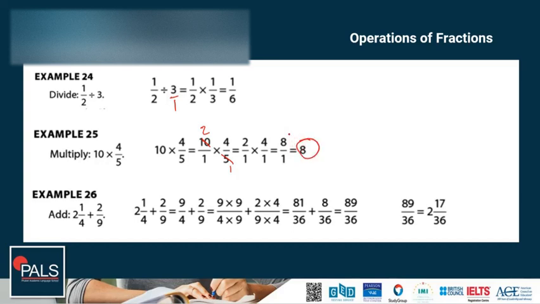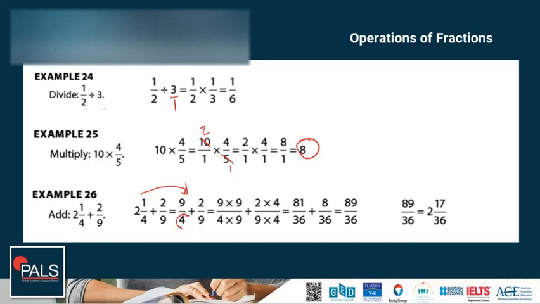Example 26. 2 and 1/4 plus 2 over 9. Okay, since the first one is a mixed number, you can change it to an improper fraction. So here it is. 2 times 4 is 8 plus 1 is 9 over 4 plus 2 over 9. Then find the common denominator by multiplying 4 and 9.